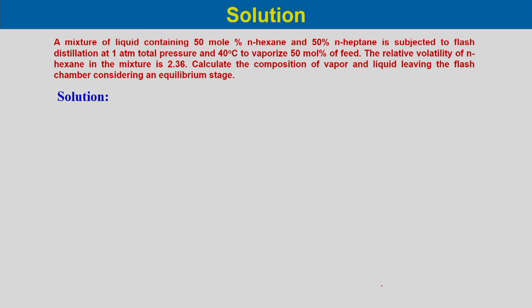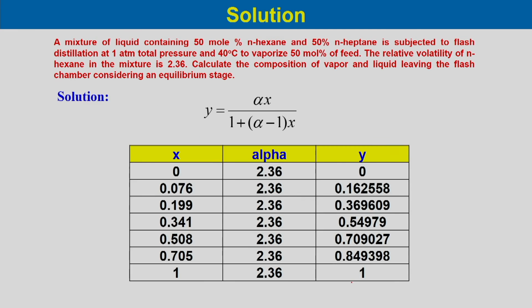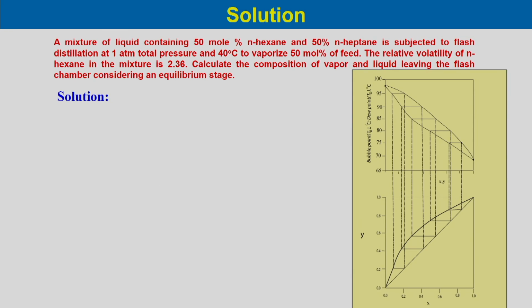So, we can plot the equilibrium curve using this alpha value, where x varies from 0 to 1 and y varies from 0 to 1. We can calculate the x and y values and plot the xy diagram. You can see the xy diagram shown here.